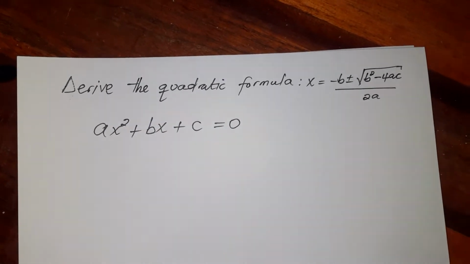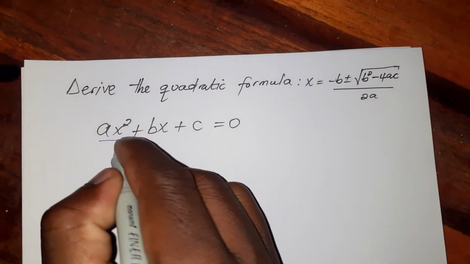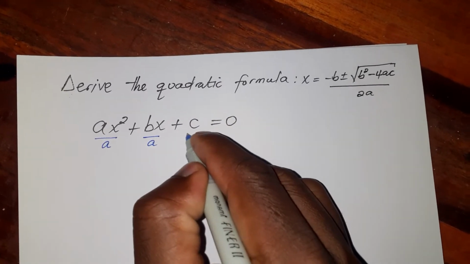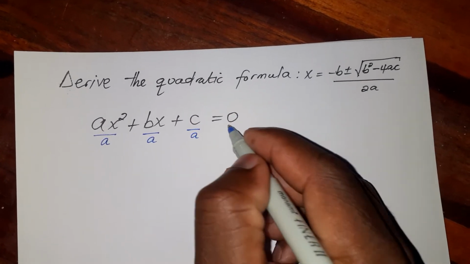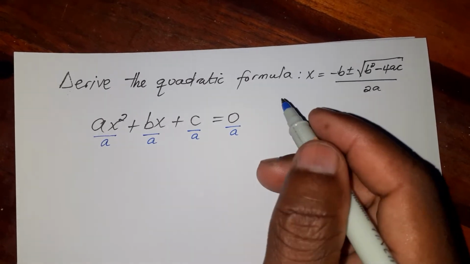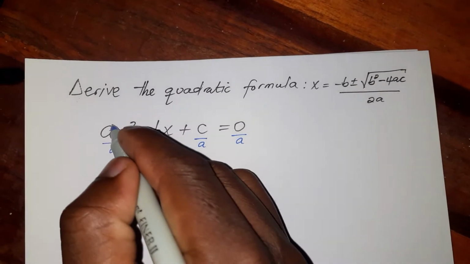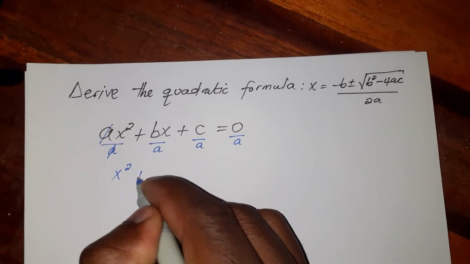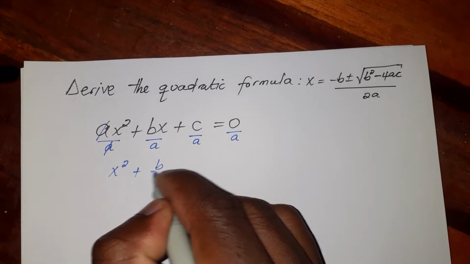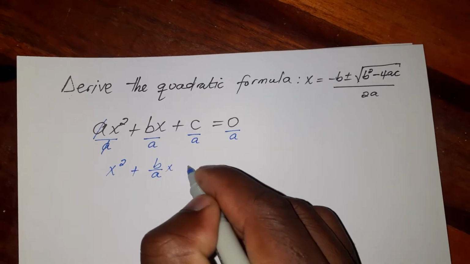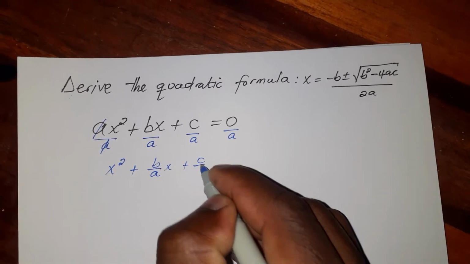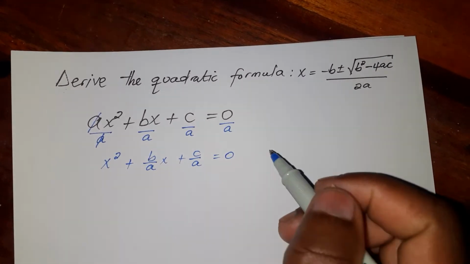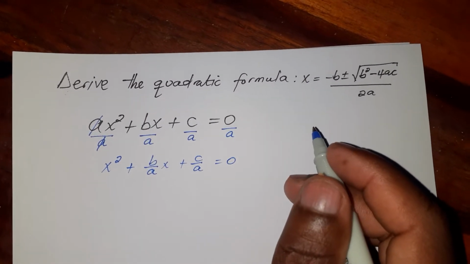We divide here by a, here by a, and we also divide the 0 by a, so that this a and that a cancel, and we only have x squared plus b over a x plus c over a equals 0. You divide 0 by a, you just get 0.